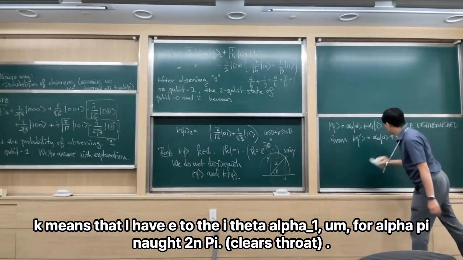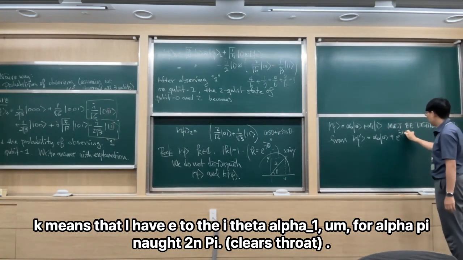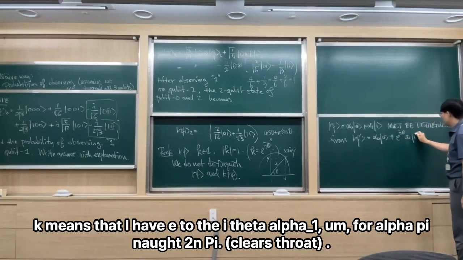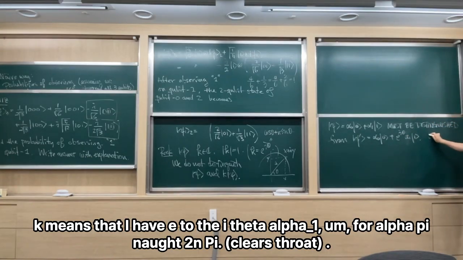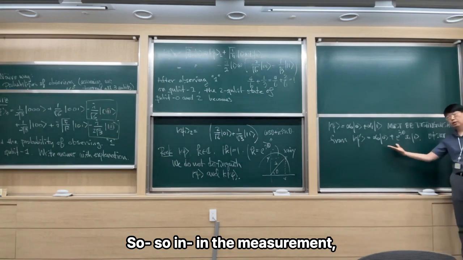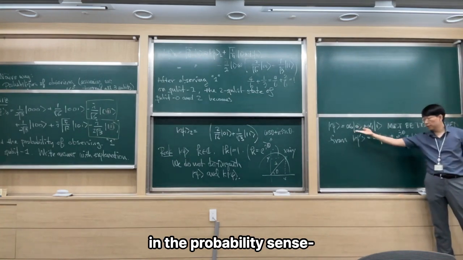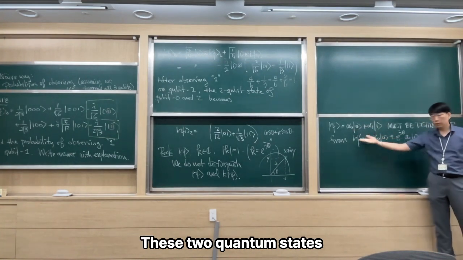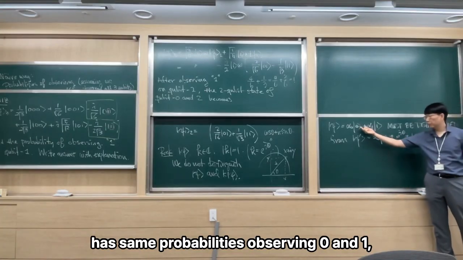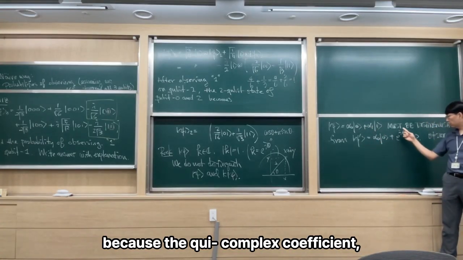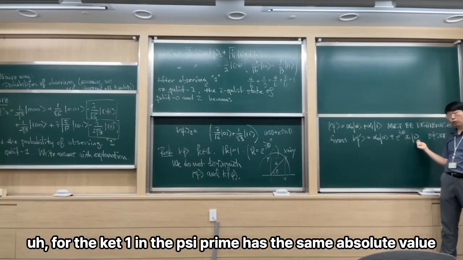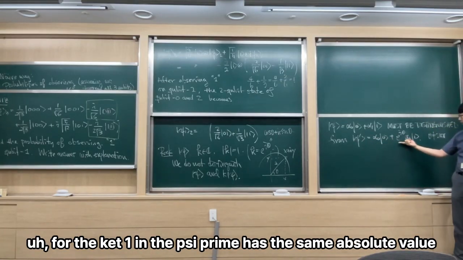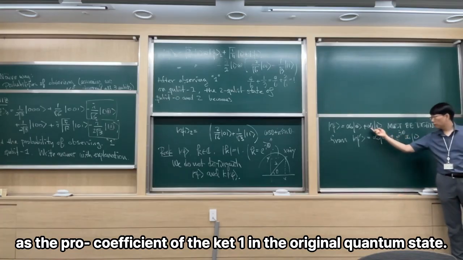In other words, k means that I have e to the i theta times alpha 1, for theta not equal to n pi. In the measurement, in the probability sense, these two quantum states have the same probabilities of observing 0 and 1, because the complex coefficient for the ket 1 in the psi prime has the same absolute value as the coefficient of the ket 1 in the original quantum state.